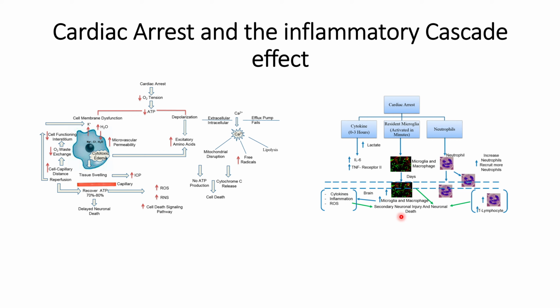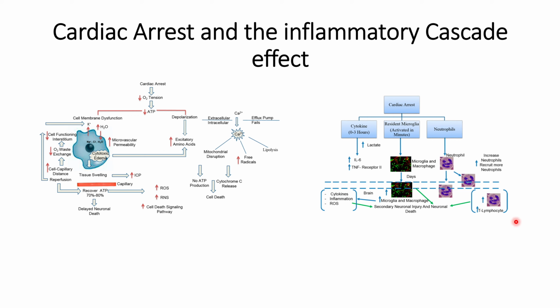And this secondary neural injury can also be caused by other factors such as an increase in the cytokines and inflammation, and the cascade effect of this inflammation will lead to this secondary neural injury and neuronal death. And this inflammation will also cause ROS, that is reactive oxygen species.